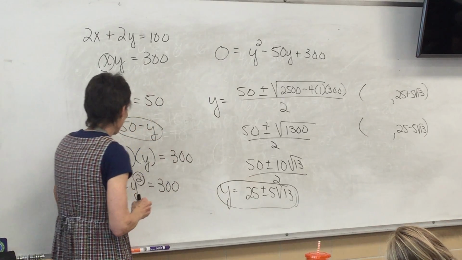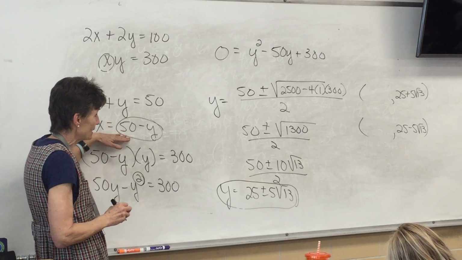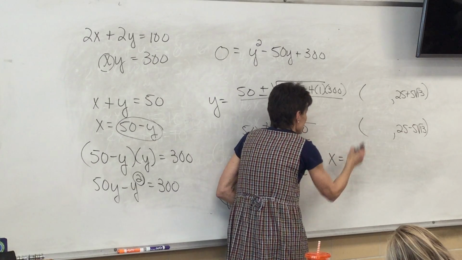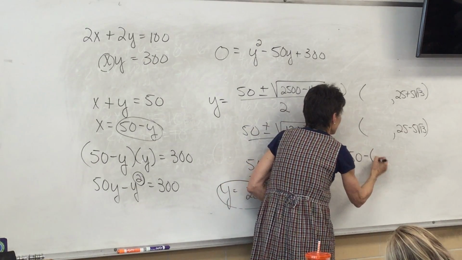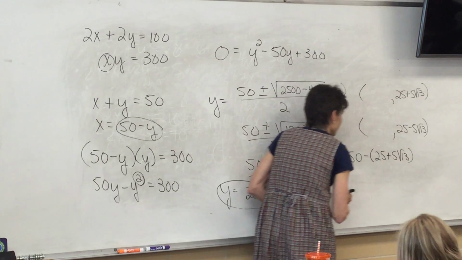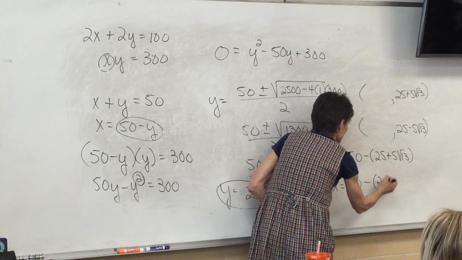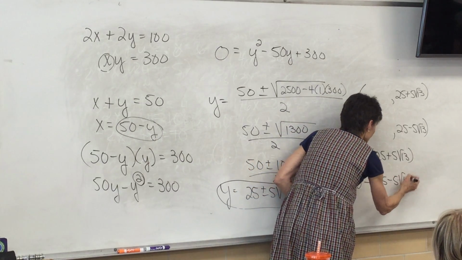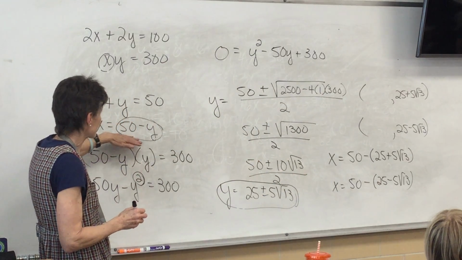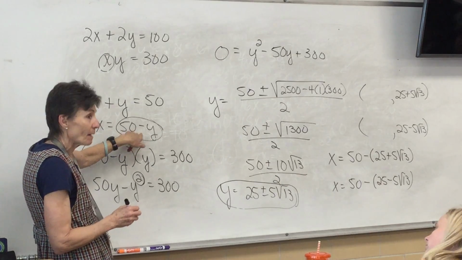So now I'm going to come back here to what we had when we substituted. And x is going to be 50 minus 25 plus 5 root 13, or 50 minus 25 minus 5 root 13. Those are going to be my x values, because x is 50 minus y.